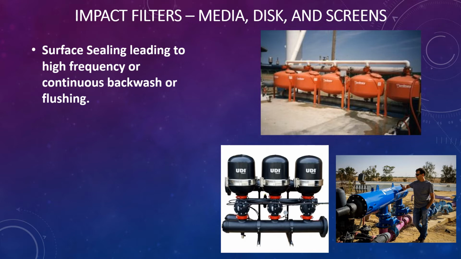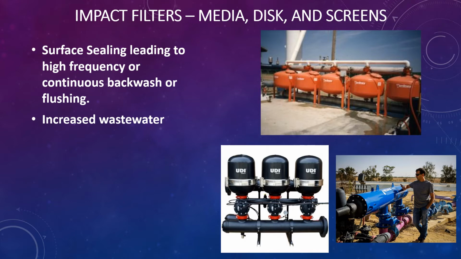That leads to high frequency or continuous backwash or flushing, which means that your crop's not seeing that water. And that water is increased, and you've got to take it somewhere, either back to the ditch, or you've got to find some way to store it.